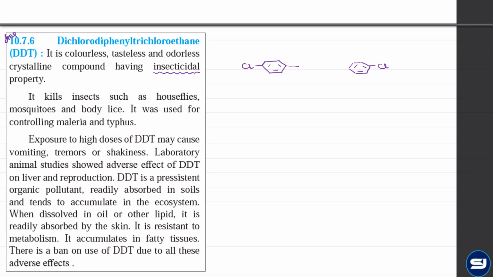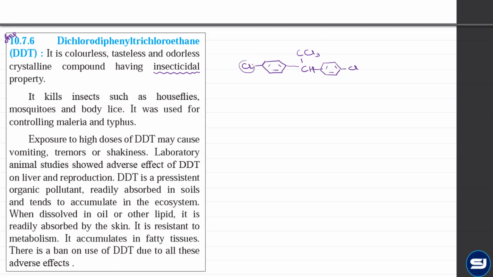ट्राइक्लोरो इथेन मतलब there are two carbon का chain and one of the carbon here is bonded to the chlorine atoms, three chlorine atoms. डाइक्लोरो मतलब दो क्लोरीन, डाइफेनाइल मतलब bonded to the two phenyl groups and it is bonded to two carbon which is the parent ethane, and this carbon in turn is attached to three chlorine, तो ये हो गया ट्राइक्लोरोइथेन.